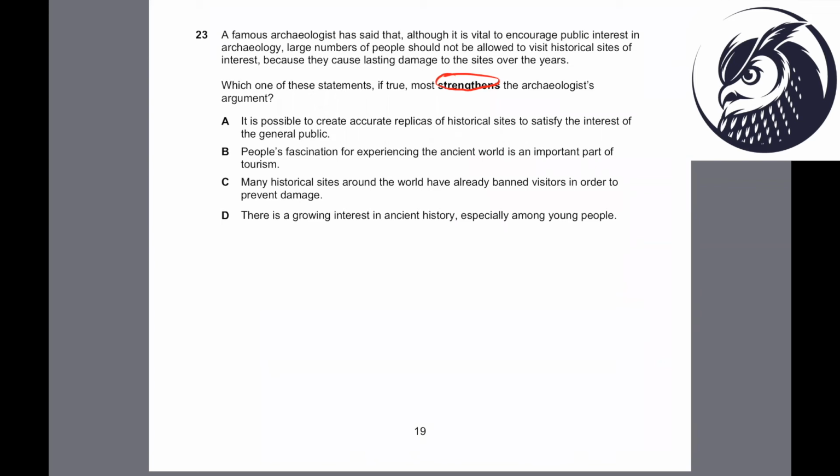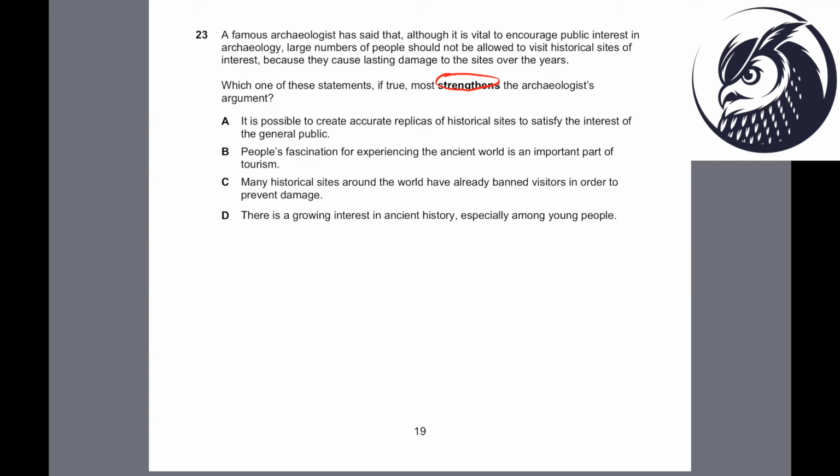It says that a famous archaeologist has said that although it is vital to encourage public interest in archaeology, large numbers of people should not be allowed to visit historical sites of interest because they cause lasting damage to the site over the years. Okay, and which of the following statements, if true, would strengthen the archaeologist's argument?